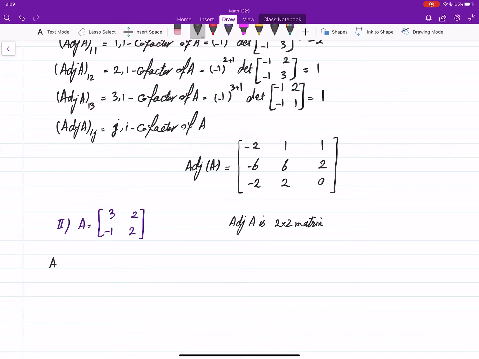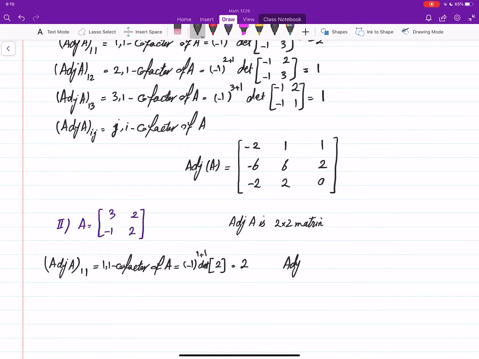So we have adjoint of A 1, 1, which is the 1, 1 cofactor of A, and this is -1 to the power 1 plus 1. You see, the submatrix here is just a number, and the determinant of that is that number. Yes, so it's a 1 by 1 matrix. So this will give us just 2.